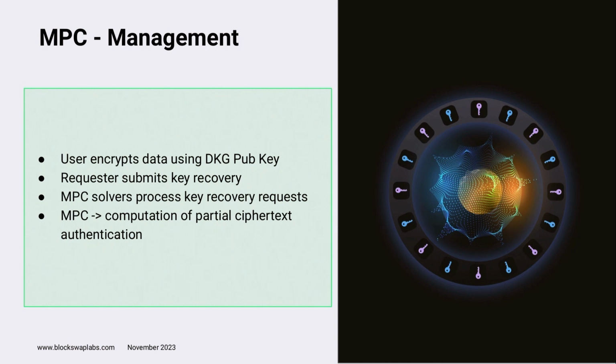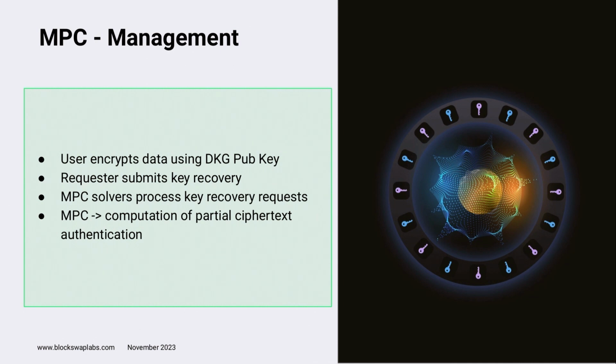Regarding the general MPC flow, we talked about already the DKG and the handover, right? But we also need to cover the MPC, so how we are working with it. So let's consider the example that the DKG is finished, and we have this DKG public key.